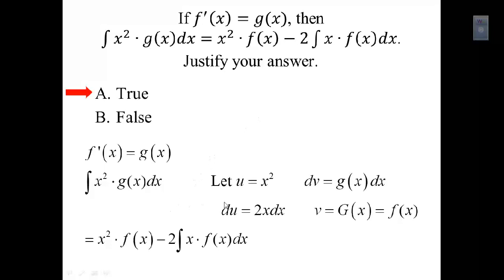It's also true once again. If you let u equal x squared, then du equals 2x dx, dv equals g of x dx, which means v is equal to the antiderivative of g of x, which is f of x. When you plug everything into the integration by parts formula, boom, there it is. You can bring that 2 out front of that integral.